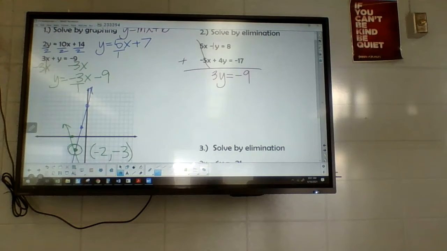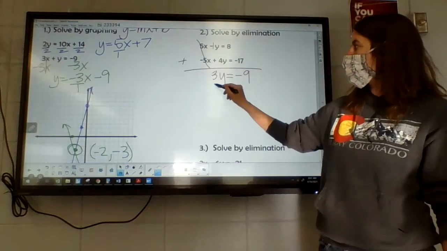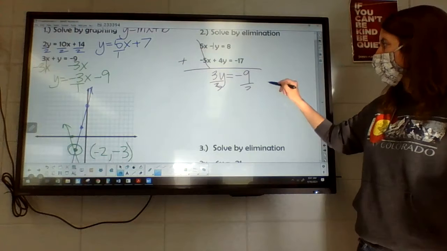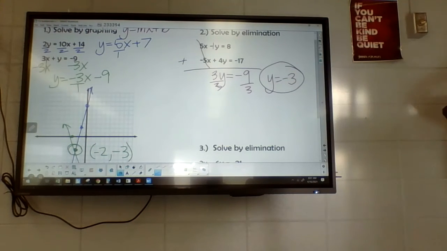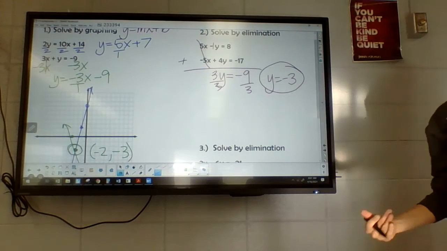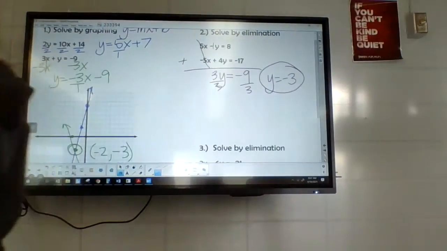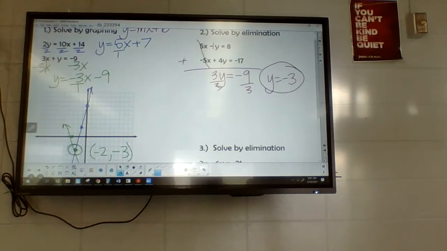So elimination, we like this because we get down to one-step equations really, really quickly. So we're just going to divide by 3, and we find out our y is negative 3. Once I know what y is, I have to go back in and find x. So I'm going to take what I know for y and put that back in to find our x value.